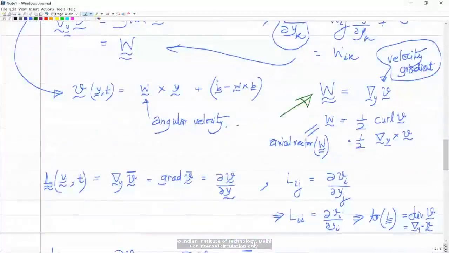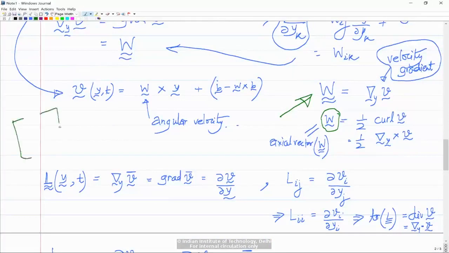W is the second order antisymmetric tensor, and this contains the information of angular velocity. So this angular velocity, this w vector you see here, is equal to the axial vector of W. So you can extract angular velocity from this big W.